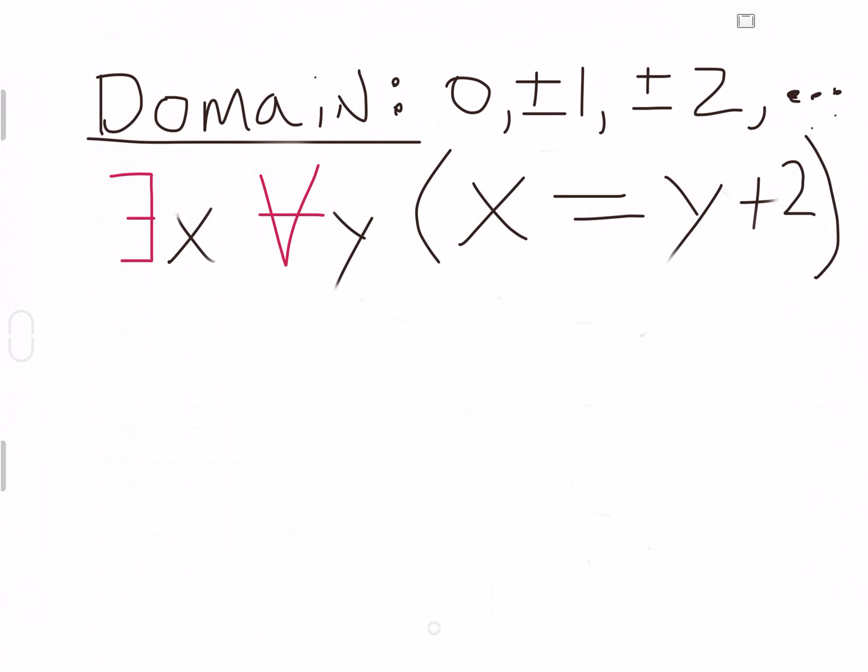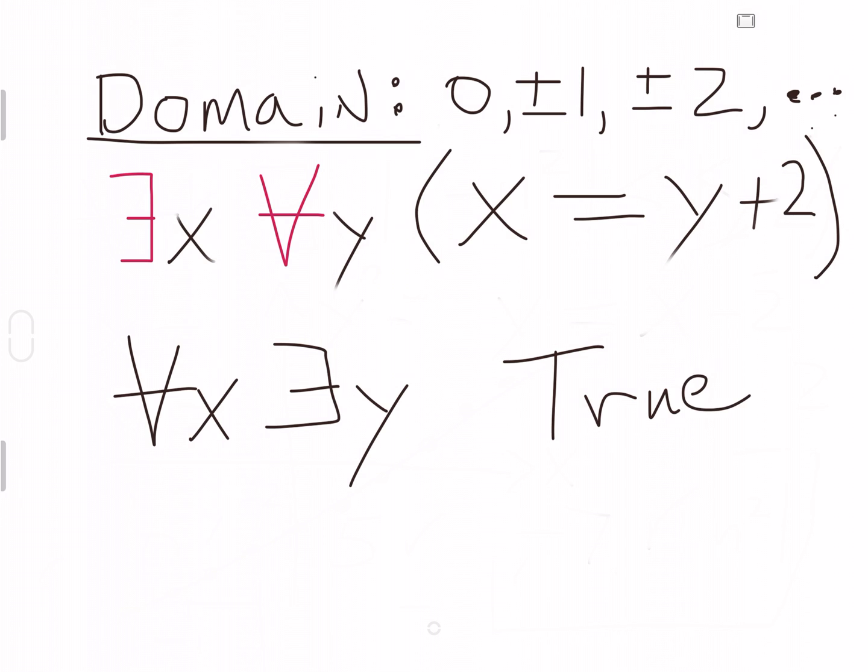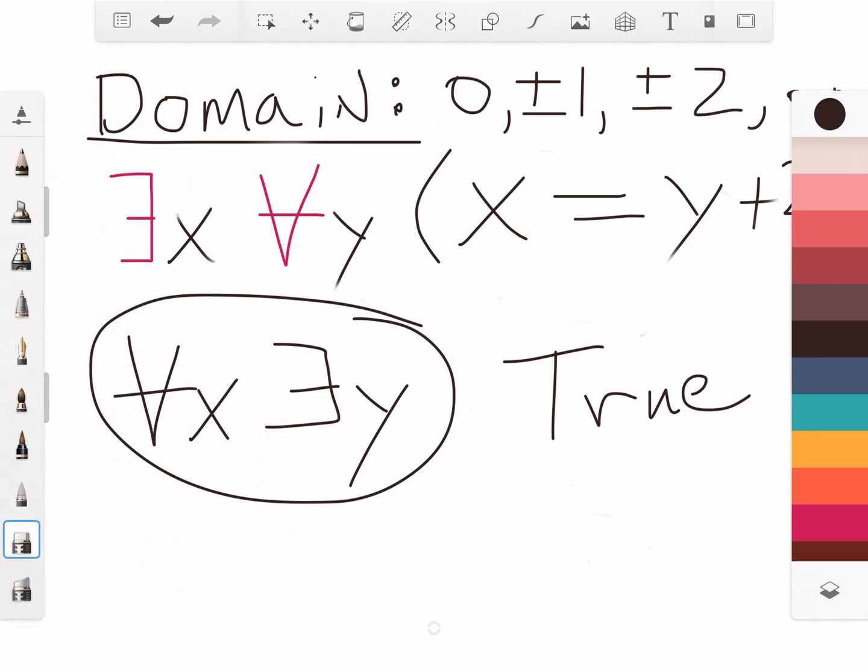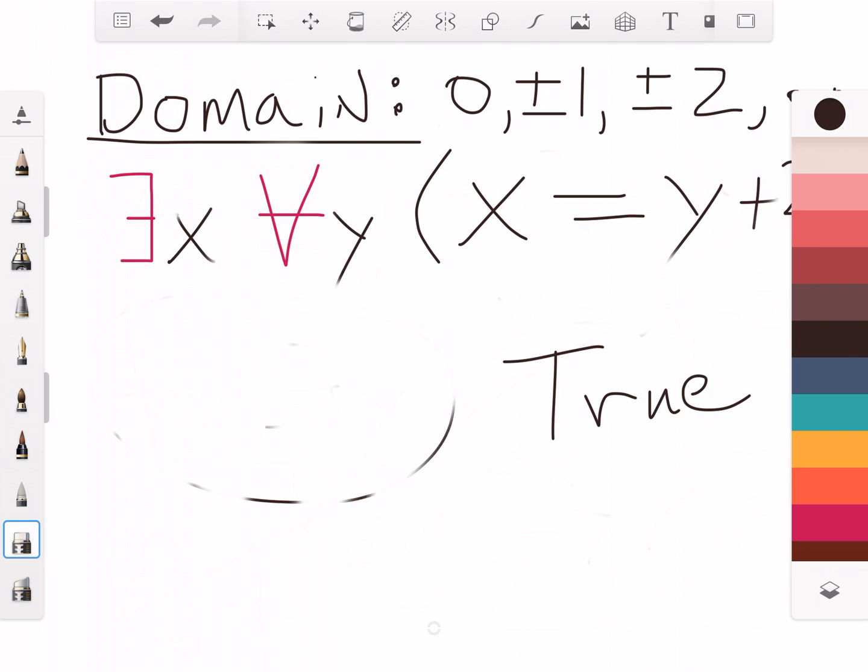I don't know if I made this clear, but when I had for all x, there exists y, x equals y plus 2, this was true. But you'll see now if we switch the order of the quantifiers that this is actually false.